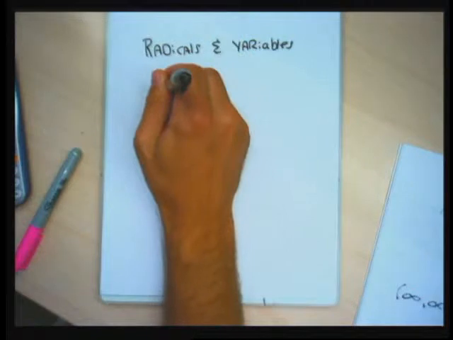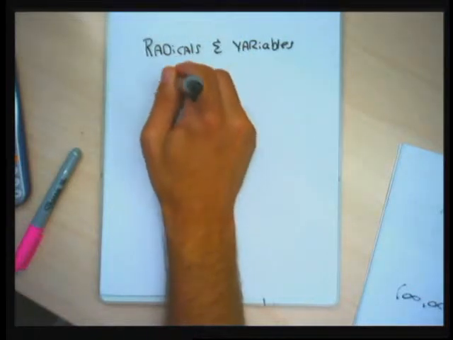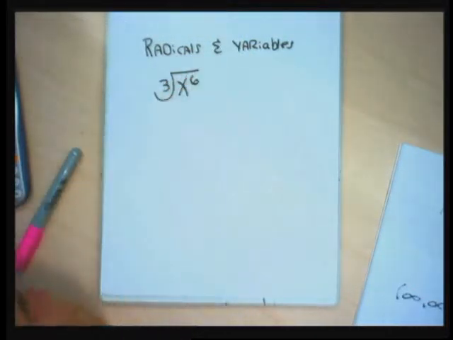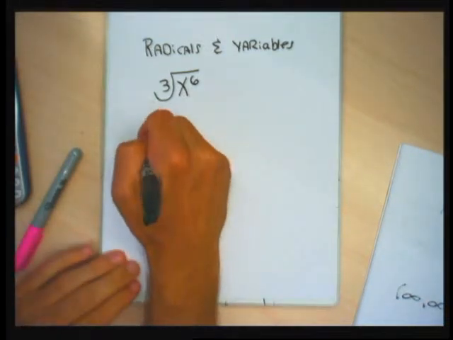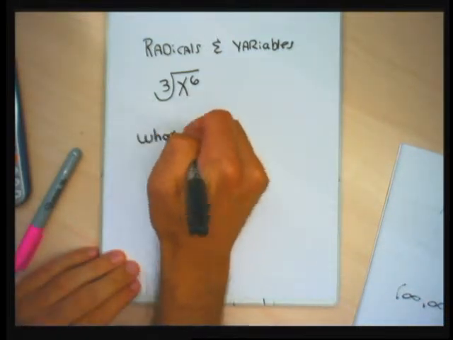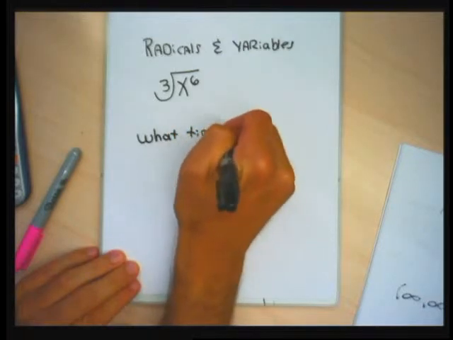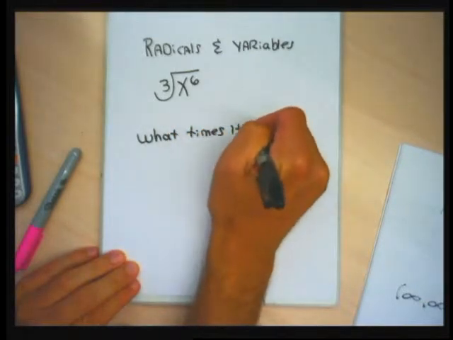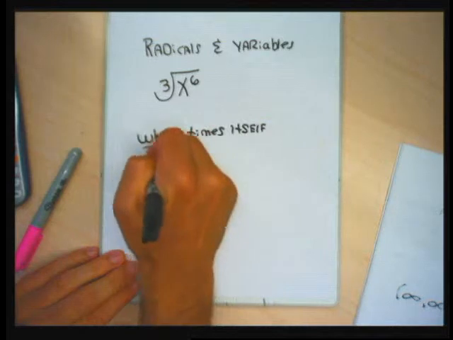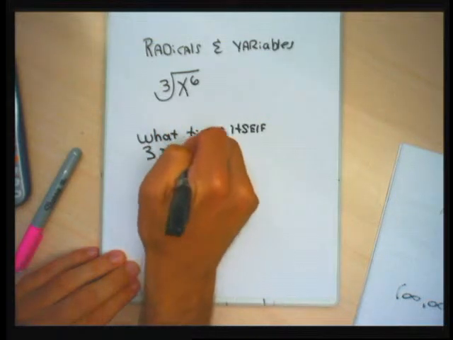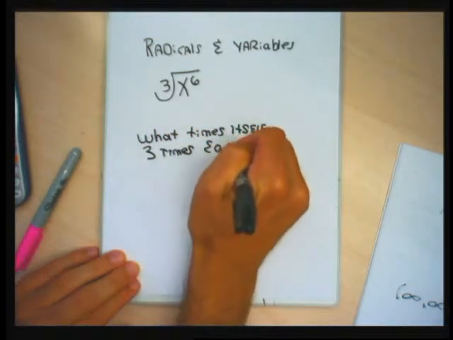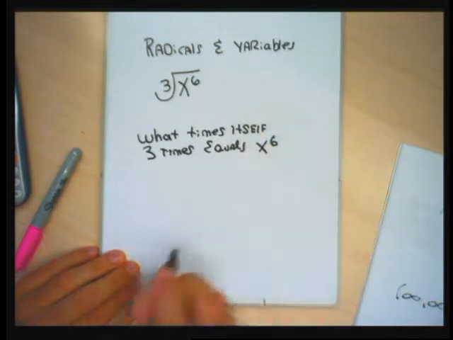Let me do a nice one, like the cube root of x to the 6th. To do the cube root of x to the 6th, this asks me what times itself 3 times equals x to the 6th.